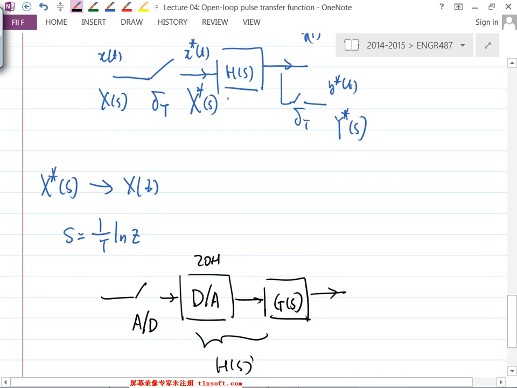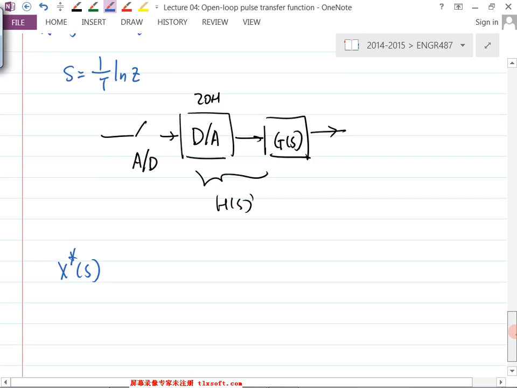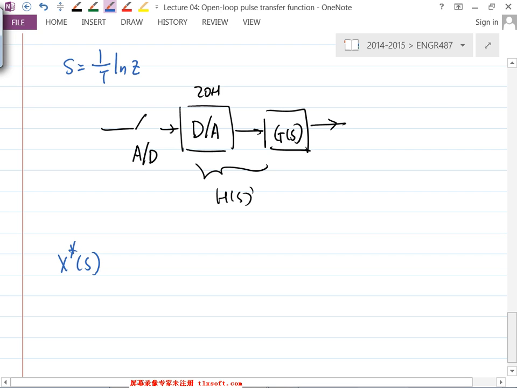So let's look at what the pulse transfer function will be. A couple of facts. Without giving the further proof, you can look at the textbook for the proof. X star of s, if you remember, is the star Laplace transform.